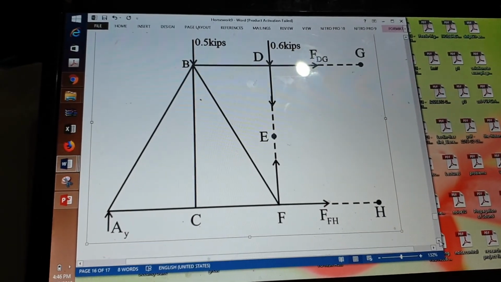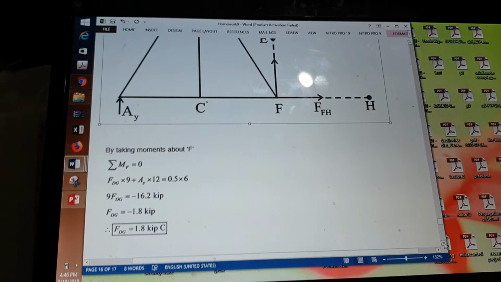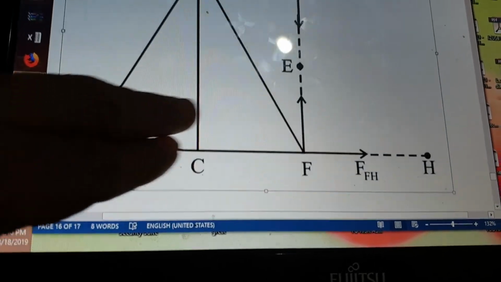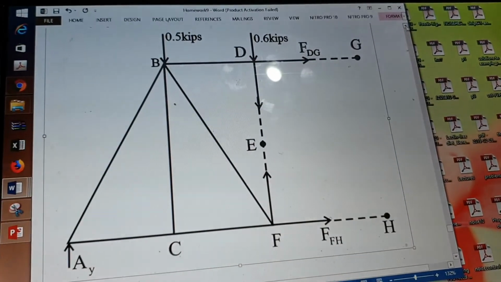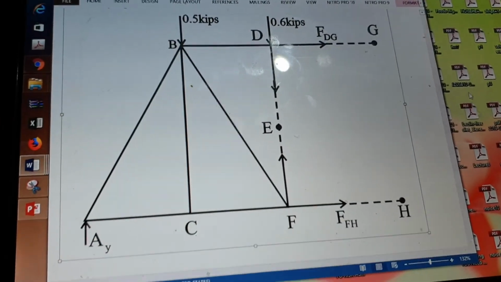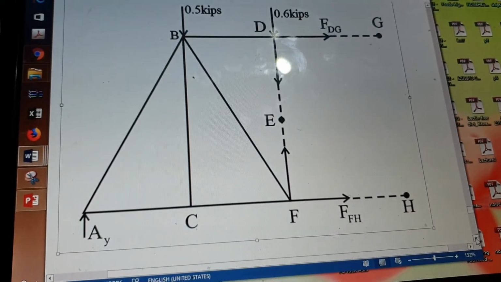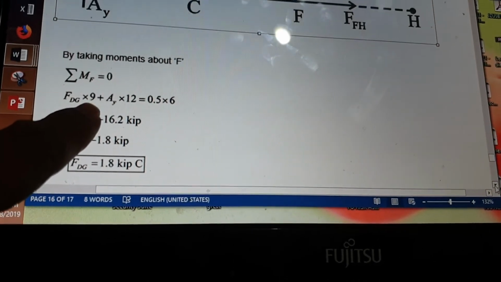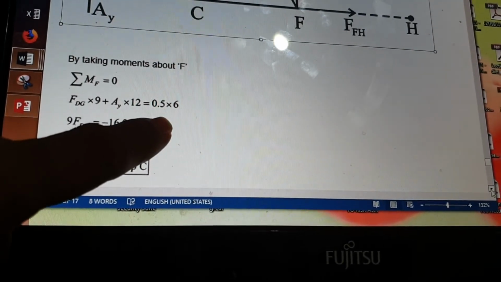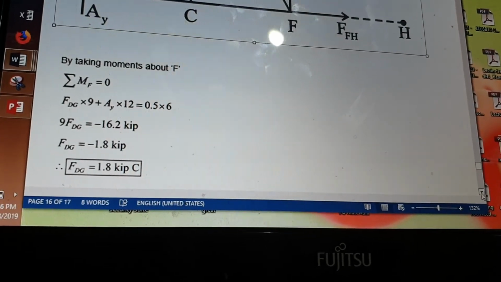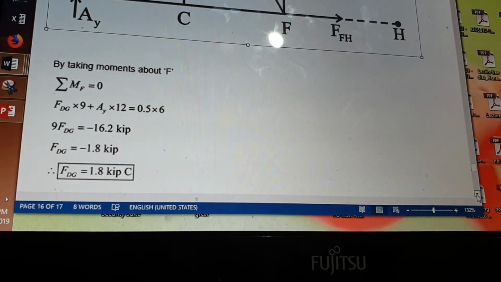AY 12, and FDG counterclockwise, and this is the distance. Times 9 and then 0.5 times 6, you'll end up with FDG is equal to minus 1.8 kip, which is the other one that we have before, 1.8 kip compression.